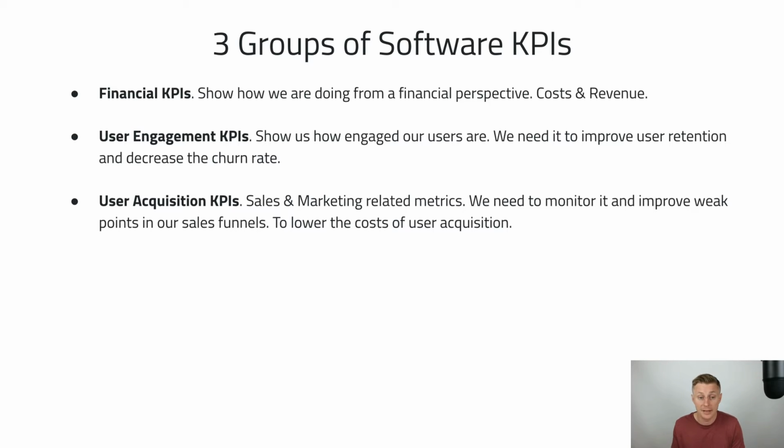Or maybe they are running away after a short period of time and we need to fix our retention rate. The third and final set of metrics on this slide is related to our sales and marketing activities. Here we check all our conversion rates, sales close rates, money spent on marketing campaigns and everything similar to this. So let's dive a bit deeper into each of these groups now.